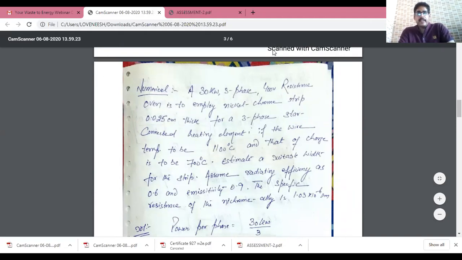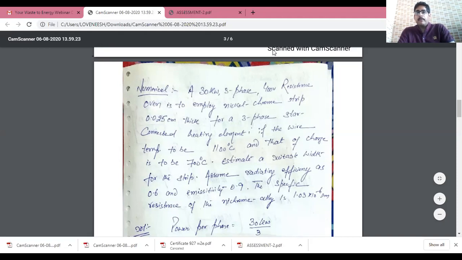This numerical says a 300 kW, 3-phase, 400 volt resistance oven is to employ a nickel chrome strip 0.025 centimeter thick for a 3-phase star connected heating element.